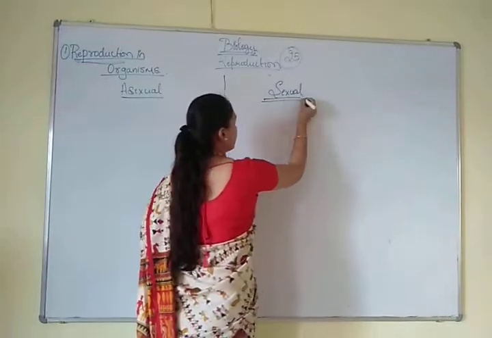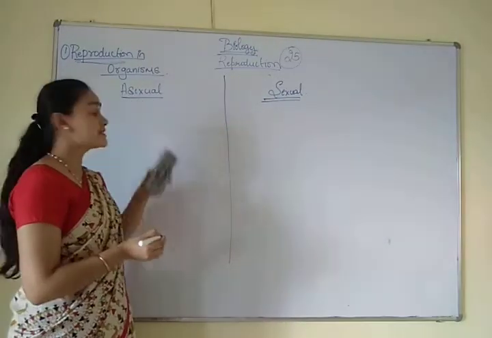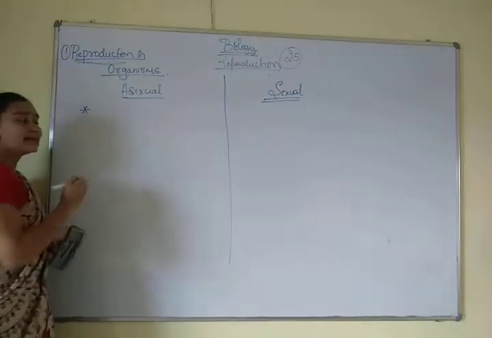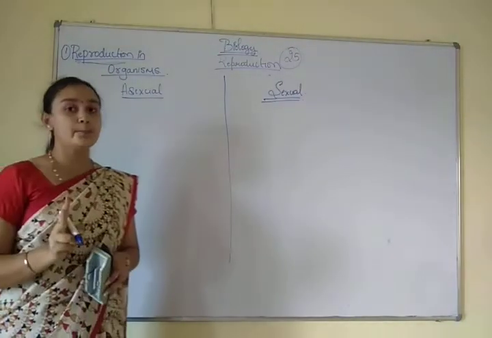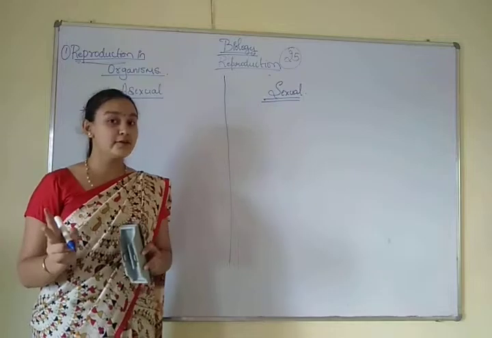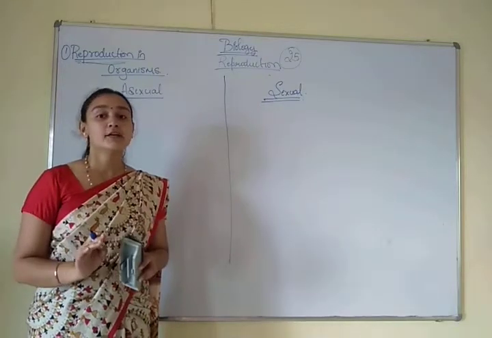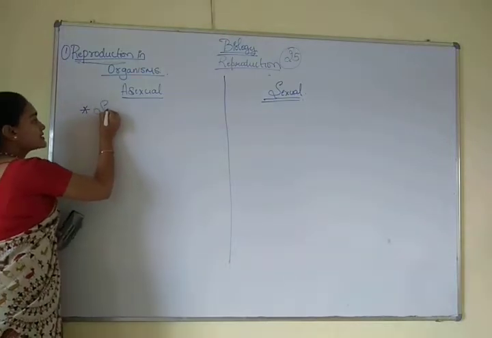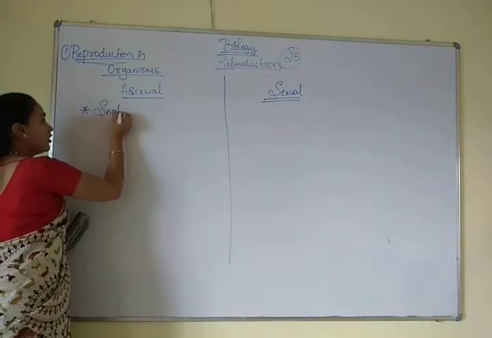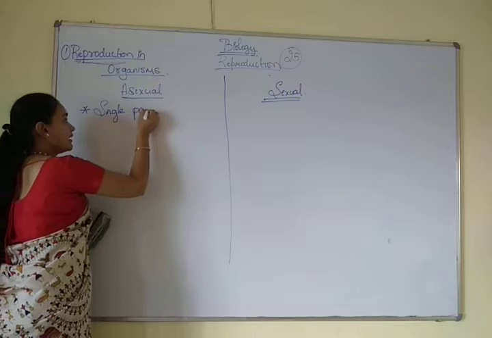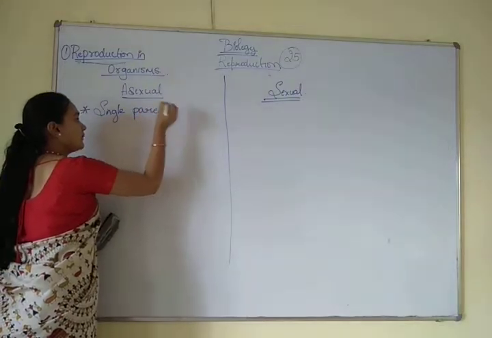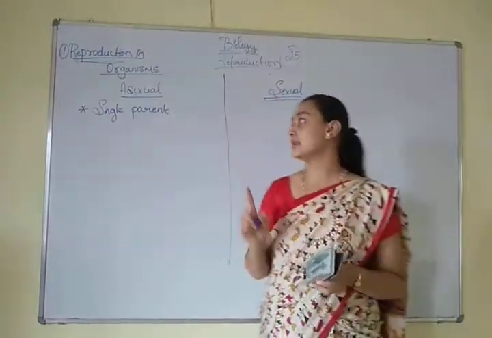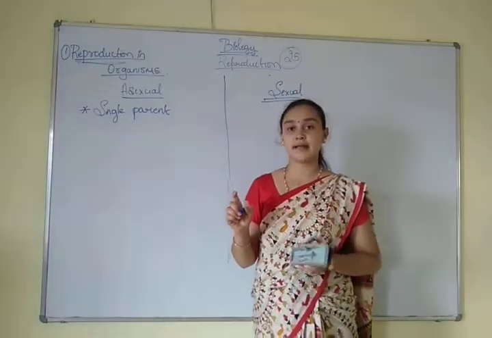What do you mean by asexual reproduction? In asexual reproduction there is no involvement of two parents, no male parent and female parent. Only a single parent, either male or female, is involved in asexual reproduction.